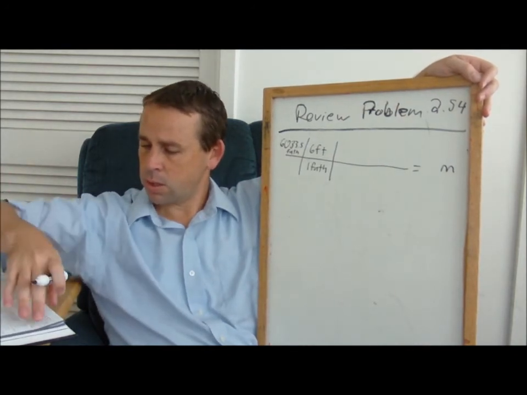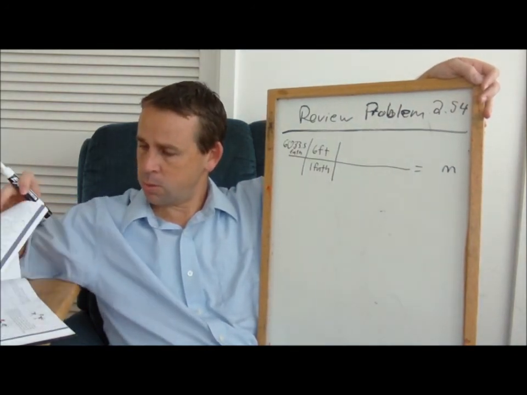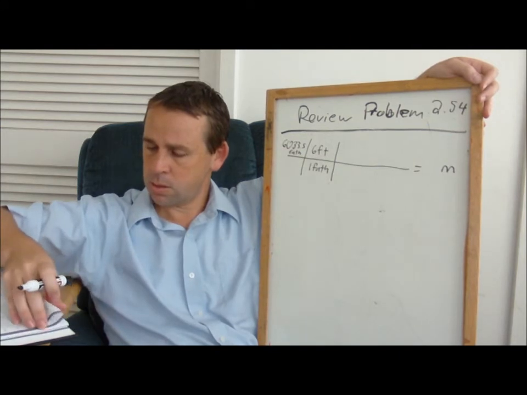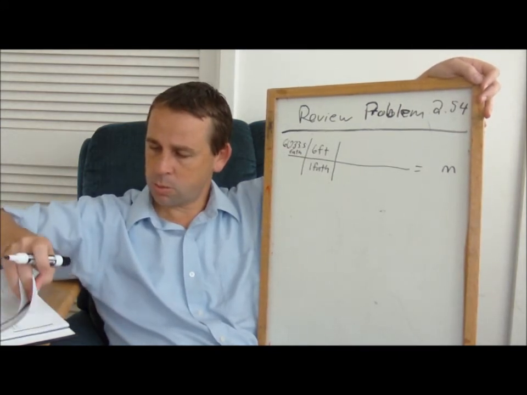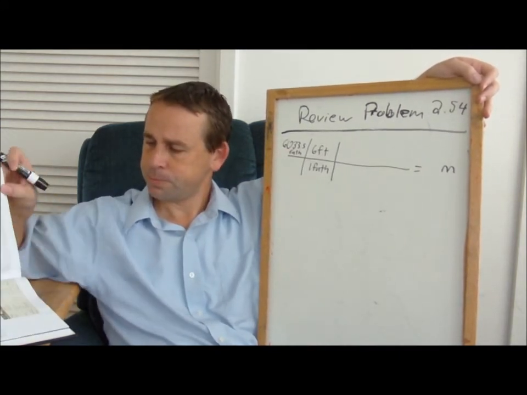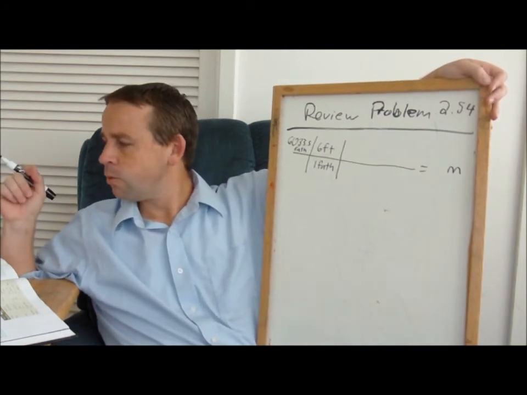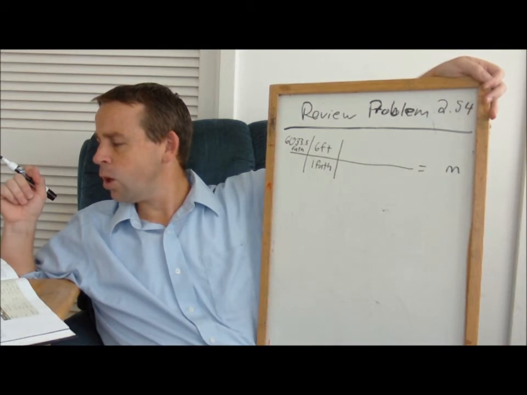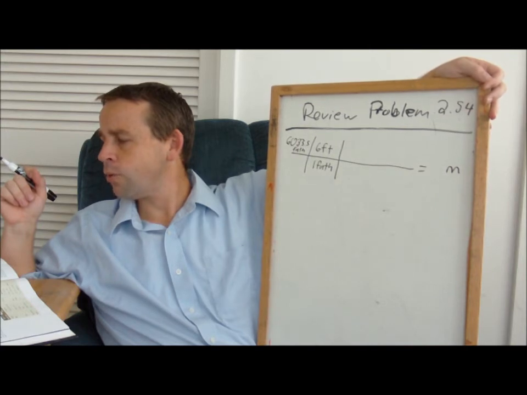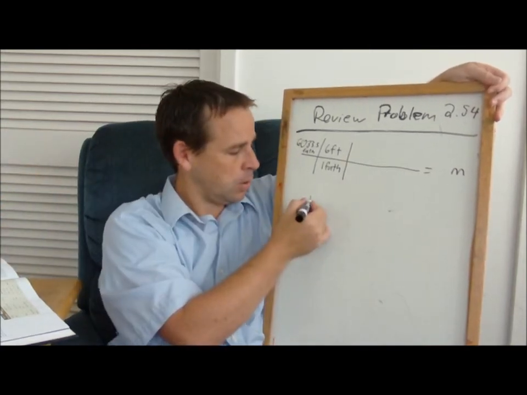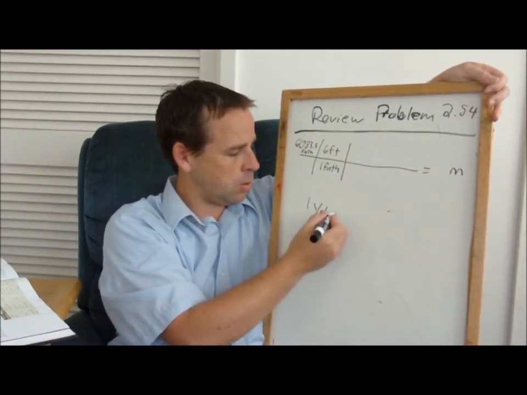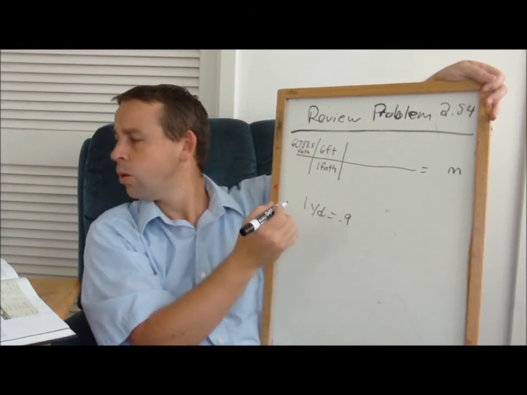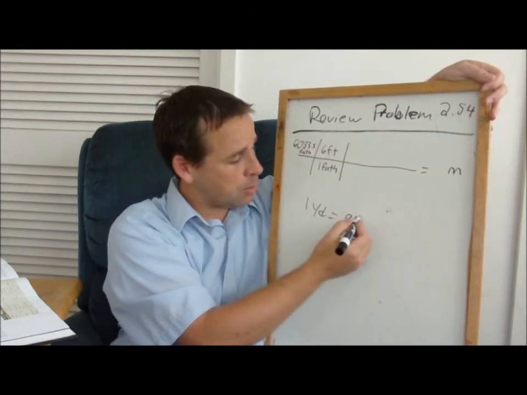And again, we use our table that is in table 2.3, Length. 1 yard equals 0.9144 meters.